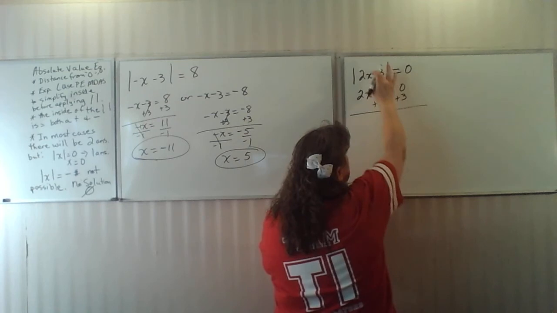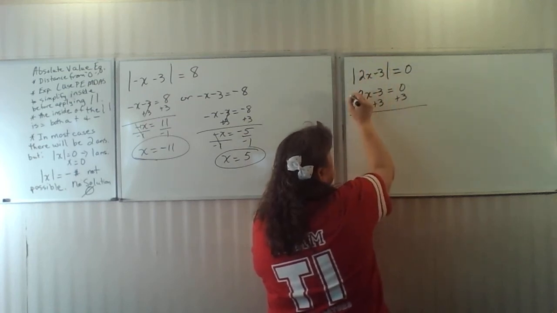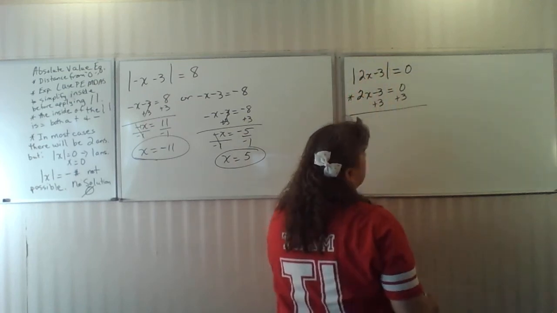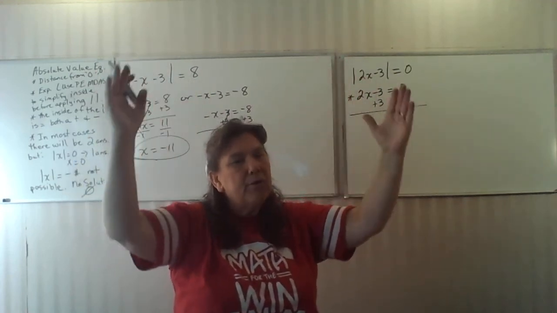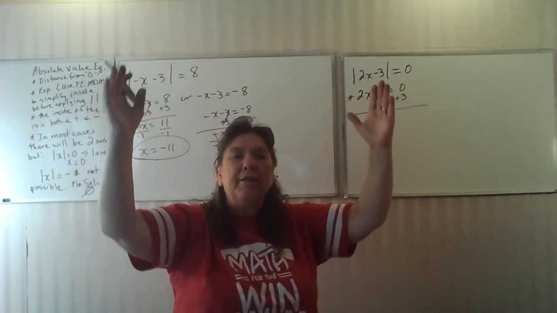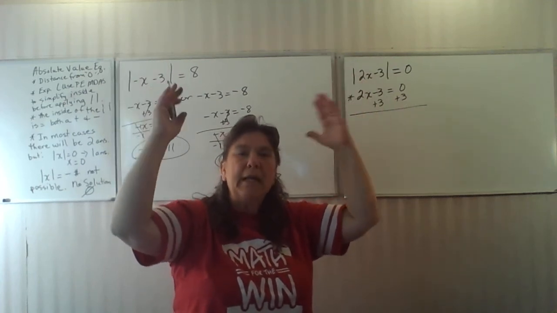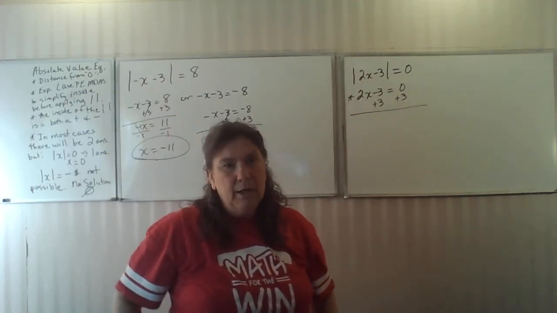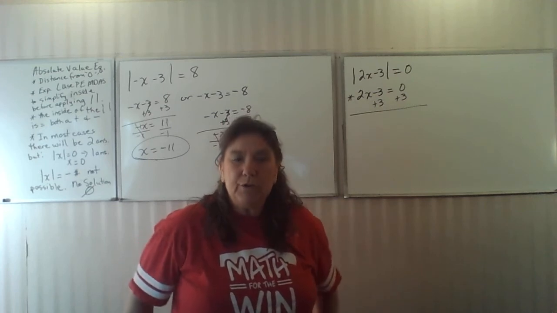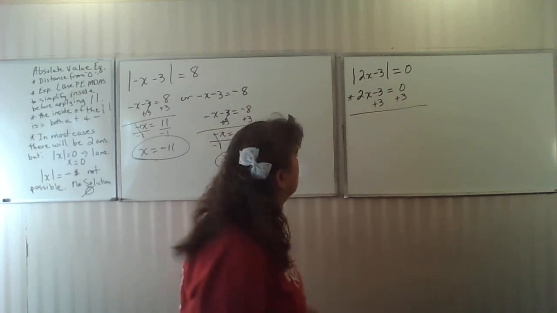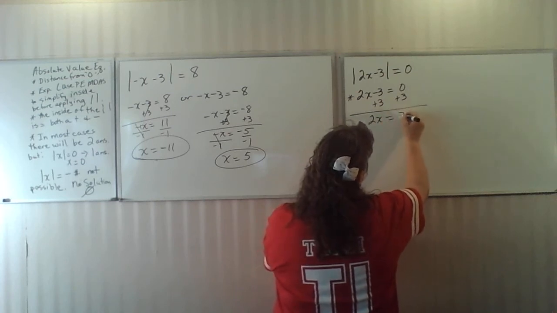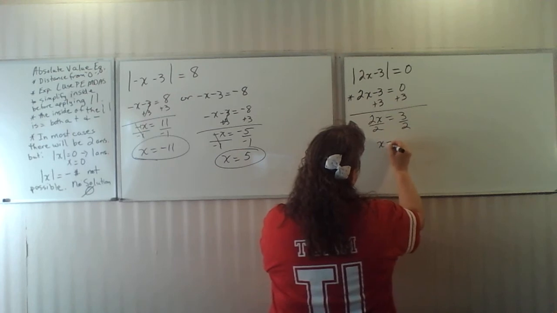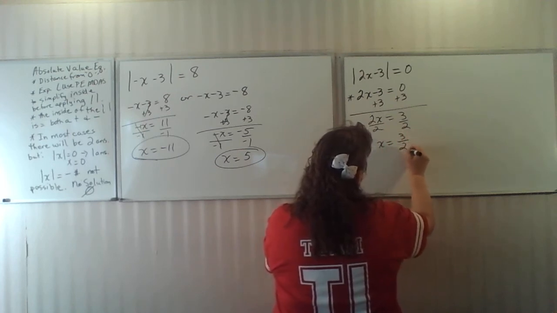Notice I don't solve from here, I solve from here. Because as long as those absolute value marks are there, it is like a barrier, it is like a bar that stops you from being able to do anything. So you have to bring it out before you can work with what's inside. And so we have 2x equals 3, divide by 2, and my x is equal to 3 halves.